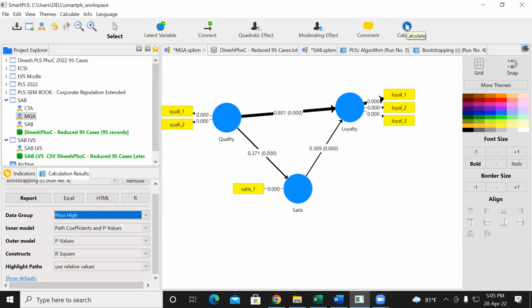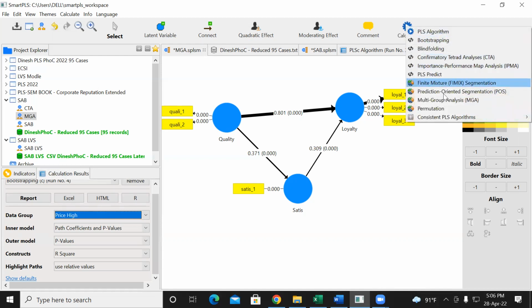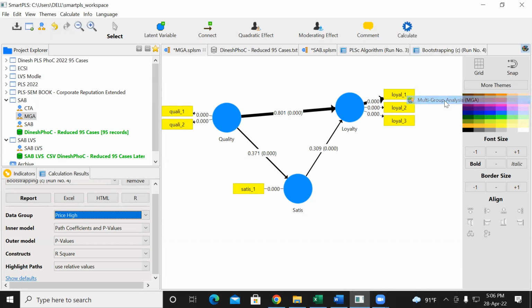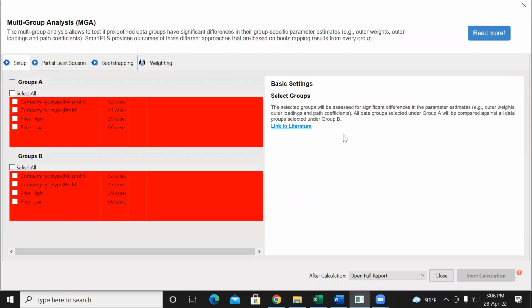But for the multi-group analysis, to generate comprehensive reports, you have to go to the calculate button again. Now here you can see the multi-group analysis icon. We are going to do multi-group analysis after creating the groups. I click that. Now here there are two groups you can comparatively decide, right?